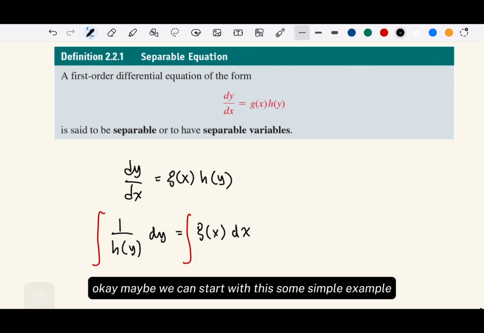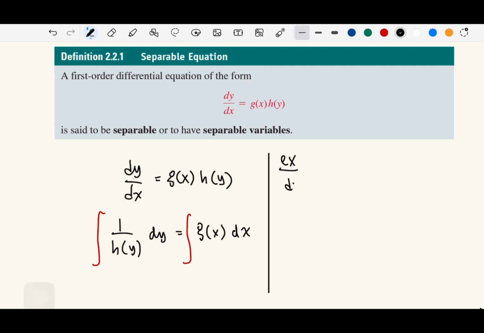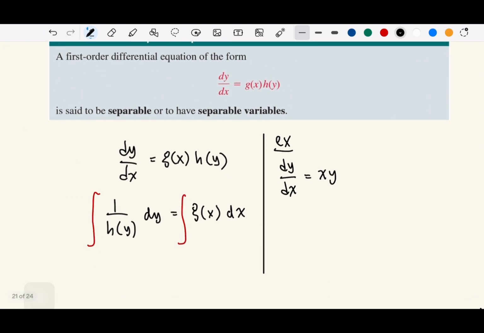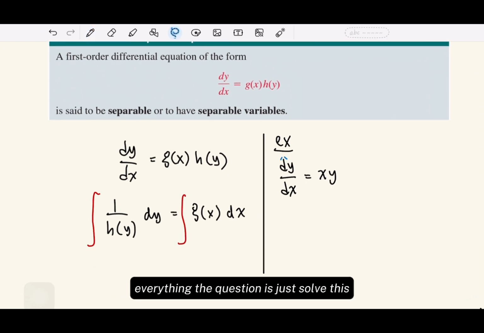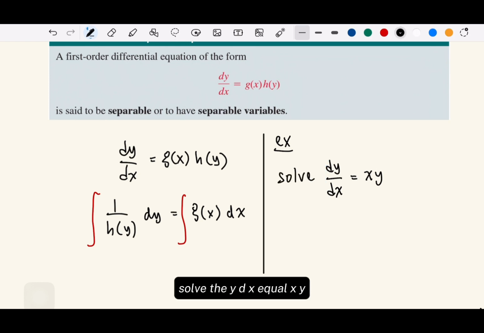Okay, maybe we can start with some simple example before I go into a more difficult one. So example. Maybe the question is just solve this. Okay, solve dy dx equal xy.